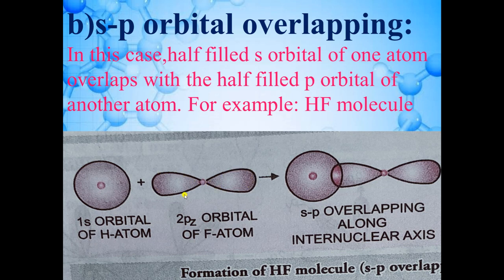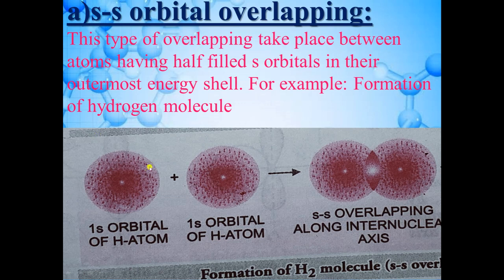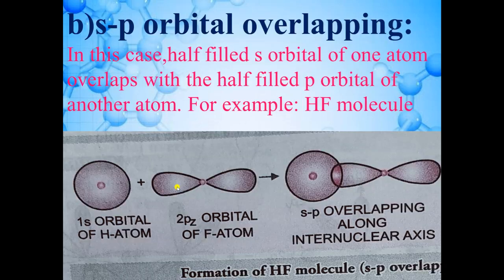When the 2pz orbital overlaps with the 1s orbital, the overlapping will be like this. This is the s orbital, this is the p orbital. That is why this overlapping is known as sp overlapping. The axes of these two orbitals are the same. That is why it is along the internuclear axis. So when there is overlapping of an s orbital and a p orbital, there is always formation of a sigma bond. So a sigma bond can be formed by ss orbital overlapping and by sp orbital overlapping.